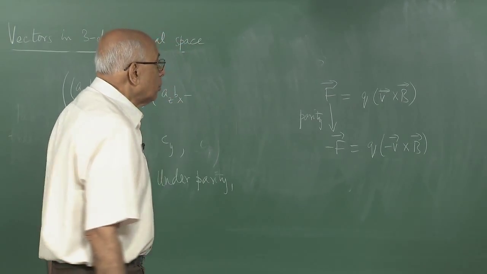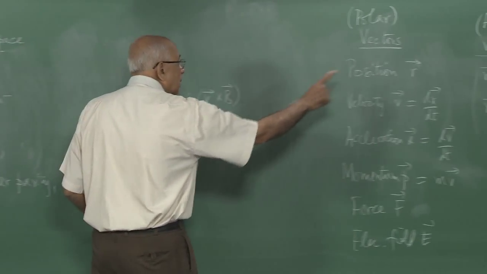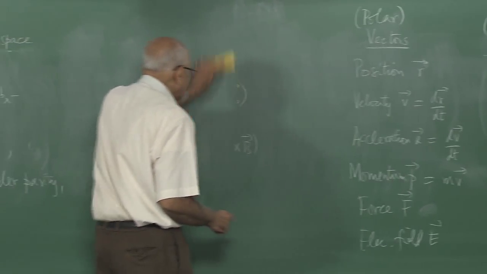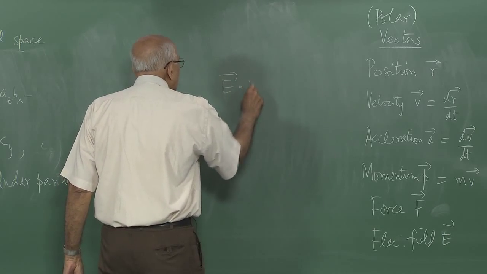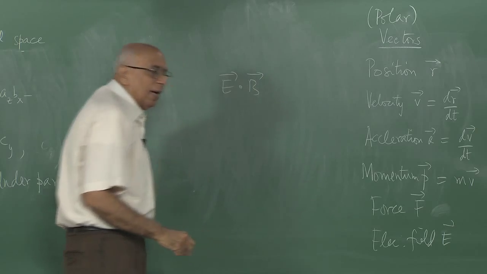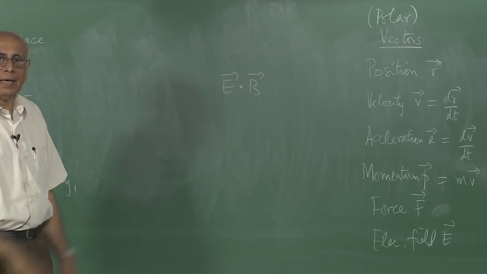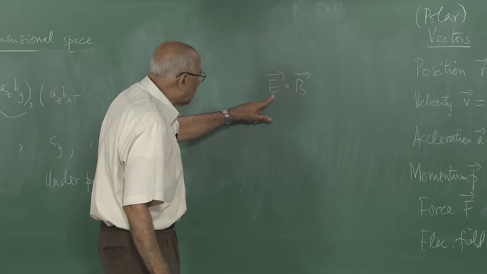By the way, if you took the dot product of something here and there, what do you think is going to happen? If I took for instance the electric field E and did a dot product with B, that we know has to be a scalar, it is a scalar product. This however is a polar vector.